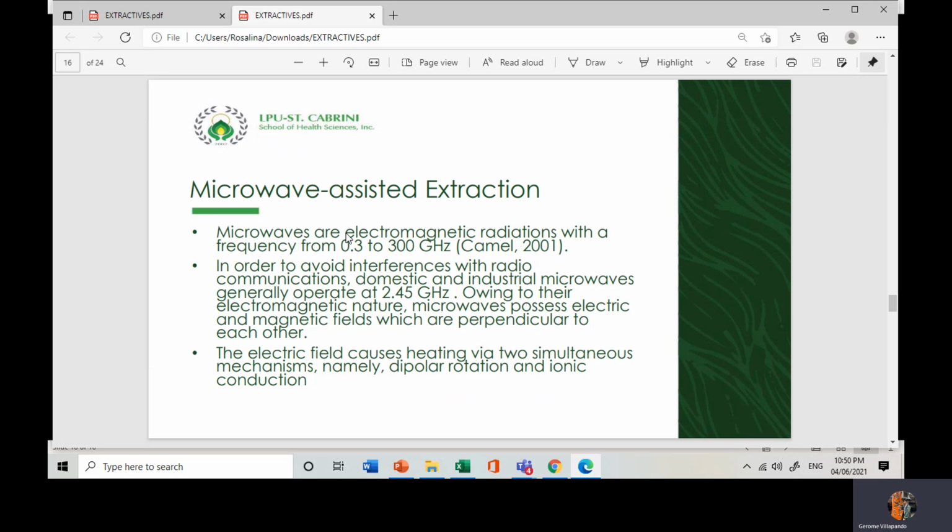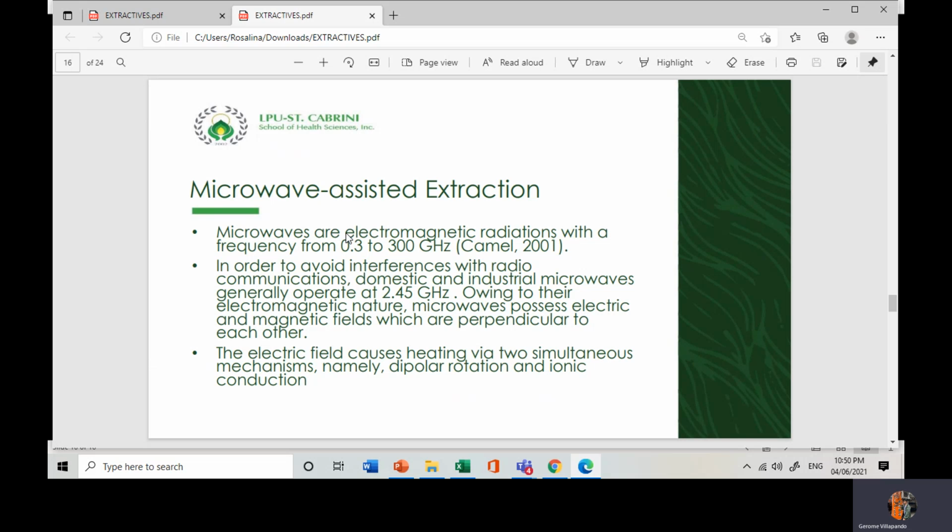So, microwave-assisted extraction or your MAE. Microwaves are electromagnetic radiations with a frequency of 0.3 to 300 gigahertz. In order to avoid interference with radio communications, domestic and industrial microwaves generally operate at 2.45 gigahertz.